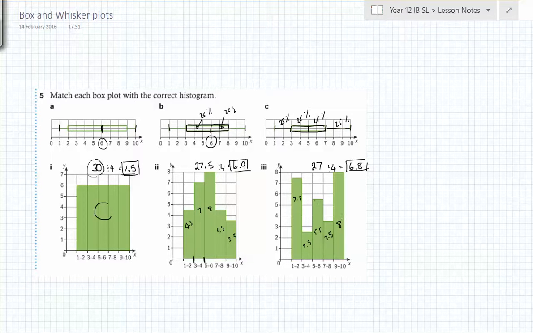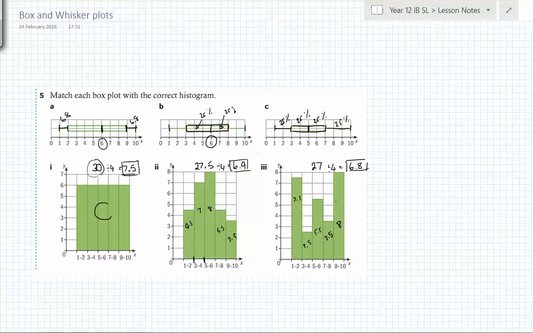So this one really needs to be this one because, remember that box, that little section there has to be a quarter of my data. So it makes sense that 6.8 people fall just in that little box. Same at this end as well. 6.8 fall just in that little box.